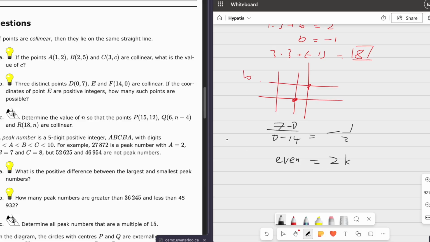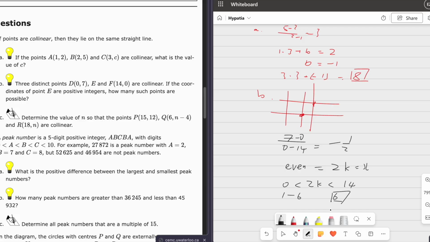And we need to find the point other than the points D and F. So x should be bigger than 0 but smaller than 14. So the possible value for k here is 1 to 6. So 6 possibilities. So our answer for B is 6.